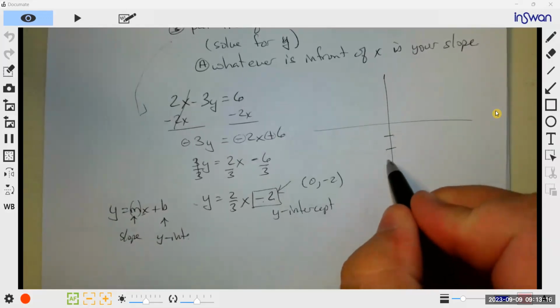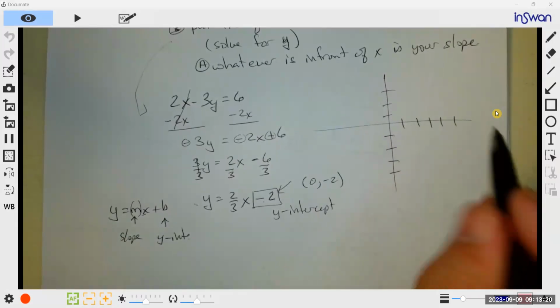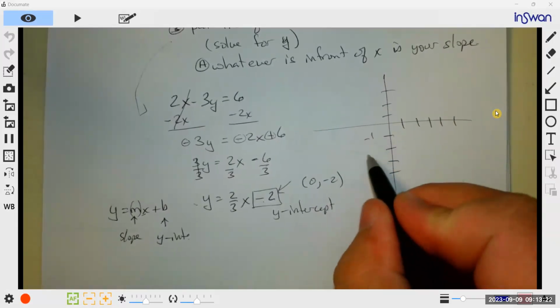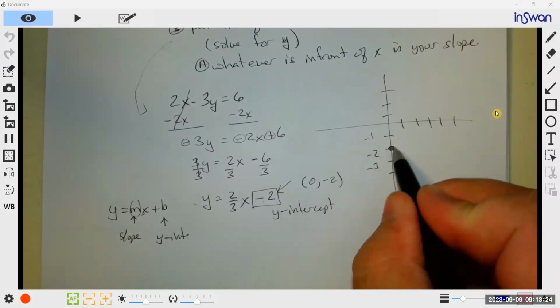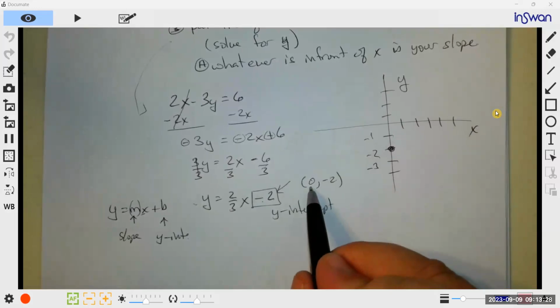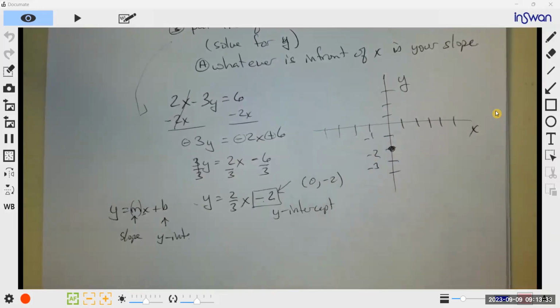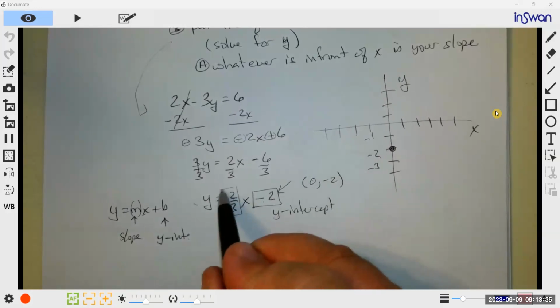So I plot the point at negative 2. It's on the y-axis because x is 0, there's no moving back and forth. And I go down 2. Now I follow the slope.